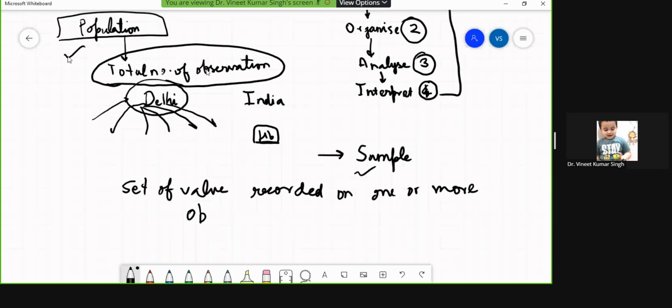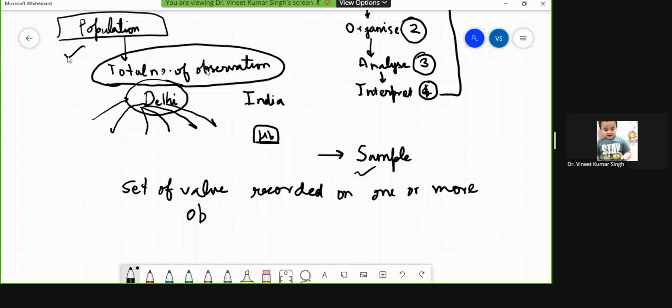And second is inferential statistics, where inferences are drawn out of any data.